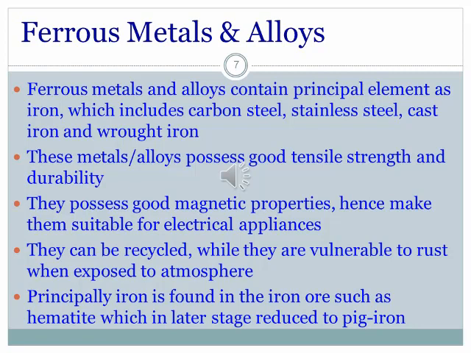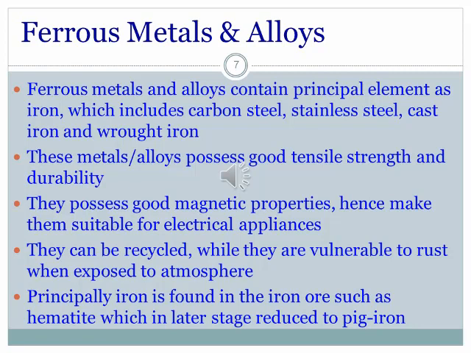Ferrous metals and alloys contain iron as the principal element, which includes carbon steel, stainless steel, cast iron, wrought iron, etc. These metals or alloys possess good tensile strength and are very durable. They possess good magnetic properties, hence they are very suitable for almost all electrical appliances.